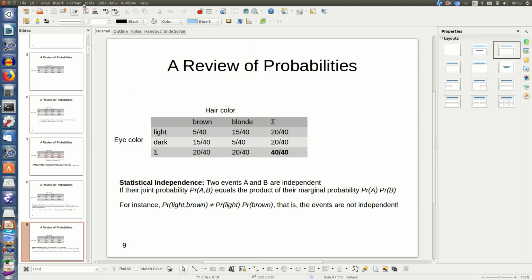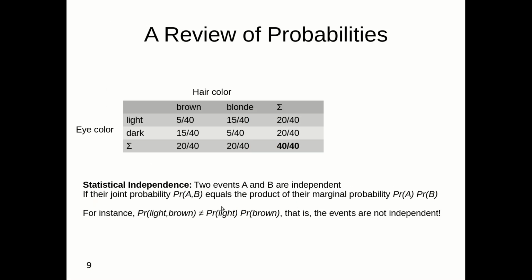Statistical independence tells us that two events, A and B, are independent if their joint probability, the probability of observing A and B, equals the product of their marginal probabilities, the marginal probability of A multiplied with the marginal probability of B. For instance, if we look at the joint probability of having light eye color and brown hair, those are not independent of each other, since it's not equal to the product of the marginal probabilities of having light eye color and brown hair. So this means in our example here that the events are not independent.